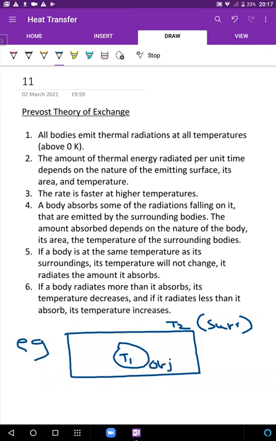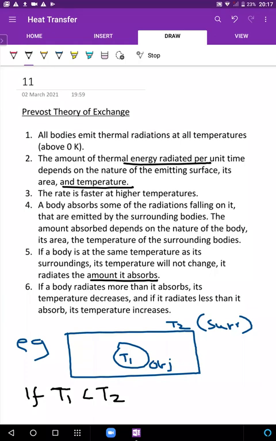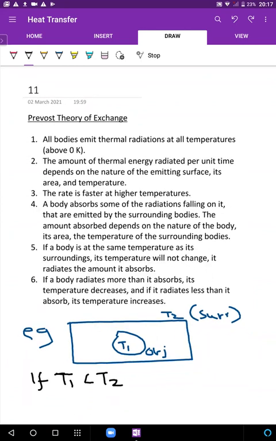If T1 is lesser than T2, the body is going to radiate less, because the amount a body radiates depends on its temperature, but the amount it absorbs depends on the temperature of the surrounding. So if T2 is higher, it radiates less and absorbs more.